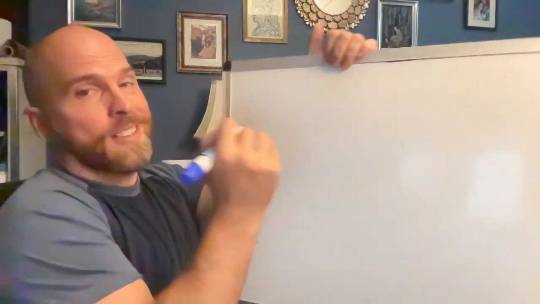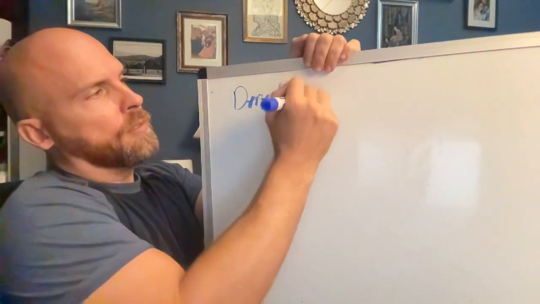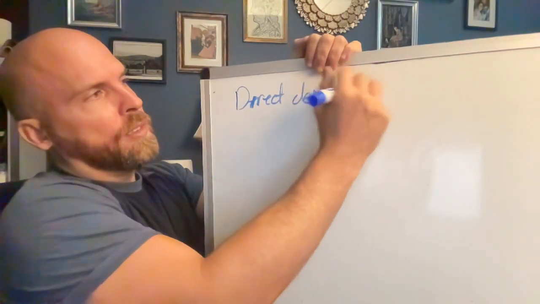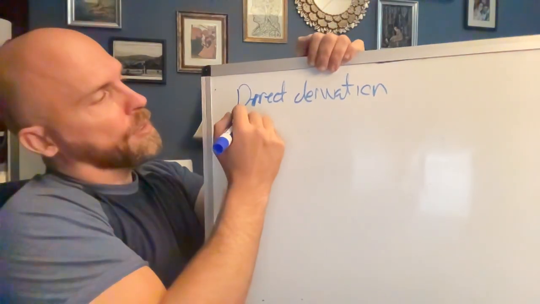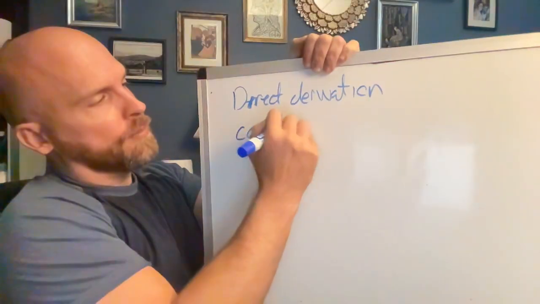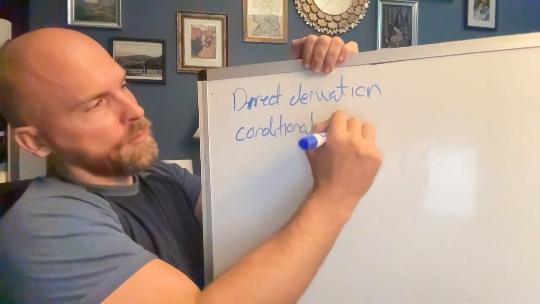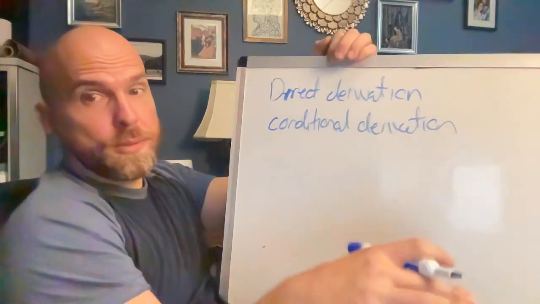So far we've seen direct derivation, essentially just use the proof rules, the 7 proof rules. We also have conditional derivation. Anytime you see conditional, that's what you use.